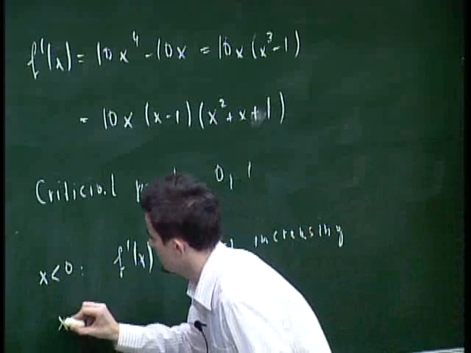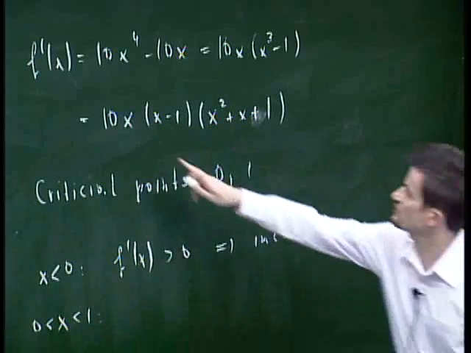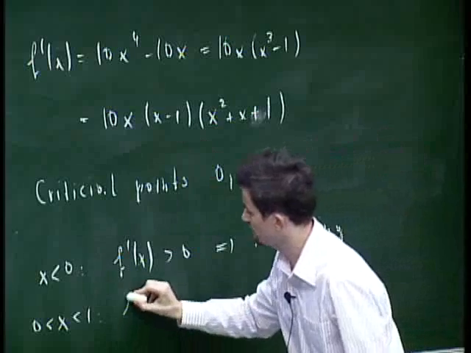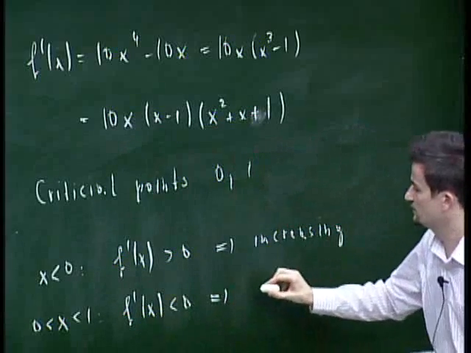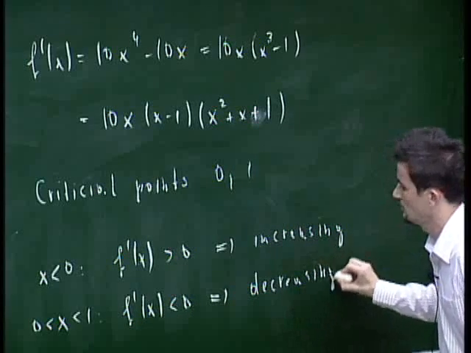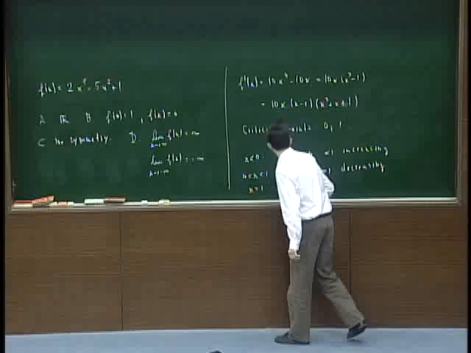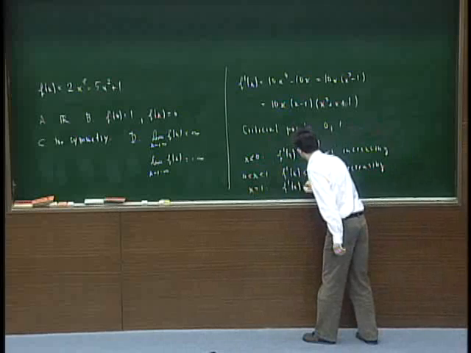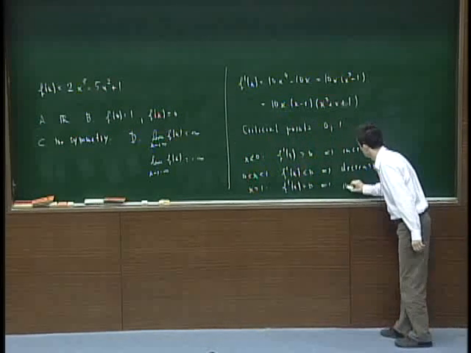Then we have x between 0 and 1. In this situation, this one is positive, this one is negative. So we have the derivative smaller than 0, so we have decreasing. And if x is finally larger than 1, then the derivative is larger than 0, so in this case increasing again.